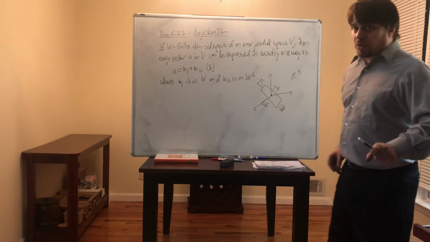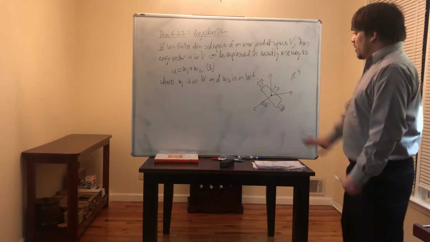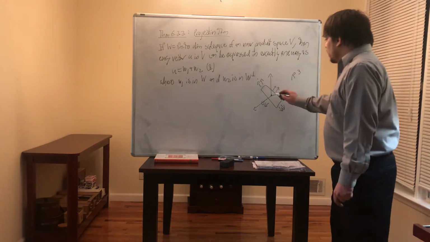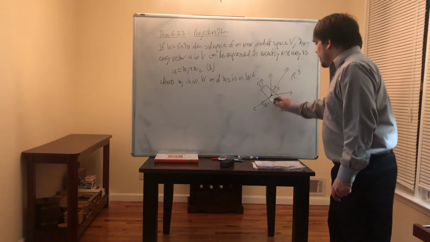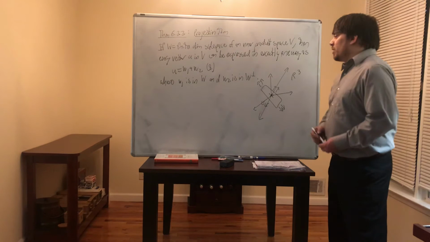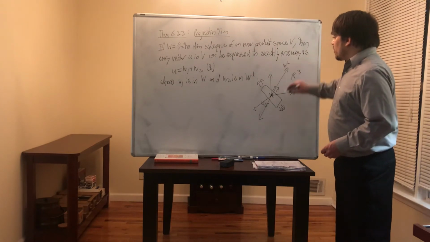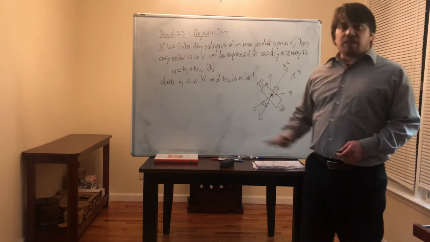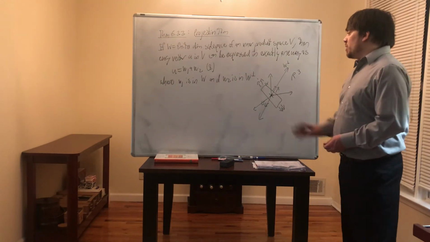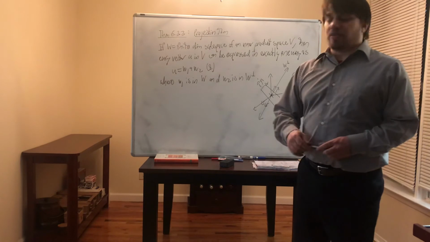That's the standard inner product on R3. Okay, so you have this plane through the origin. It's a subspace of R3. And so if you look at the line going through that plane, perpendicular to that plane, all the vectors on that line make up the orthogonal complement of the subspace W. So W is the plane through the origin. W perp is the orthogonal complement, which is that line perpendicular to the plane.